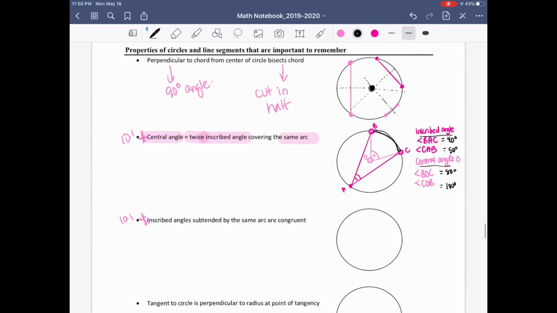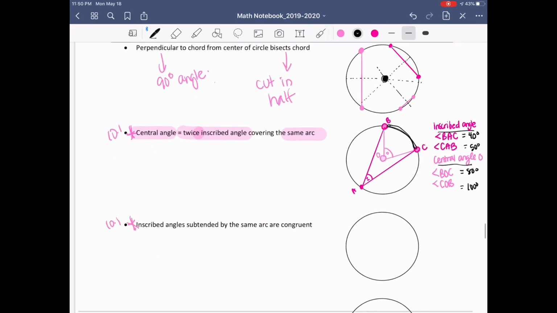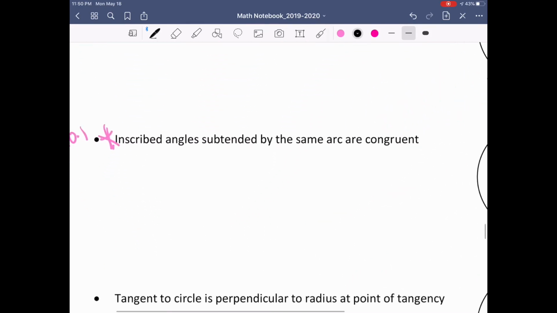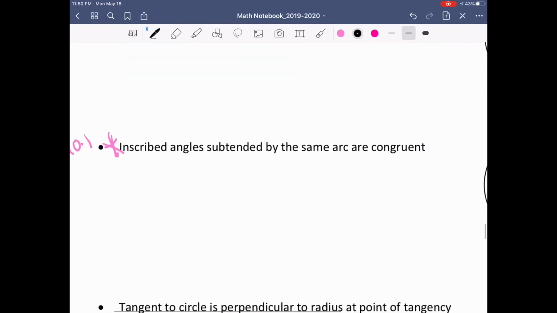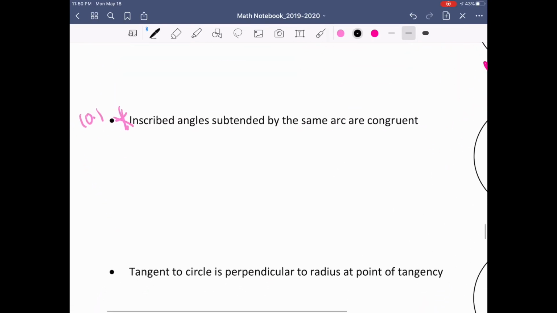Okay, the second rule is that when you have inscribed angles subtended by the same arc, they are congruent. So let's break down the sentence. Inscribed angles, we know what they are now.